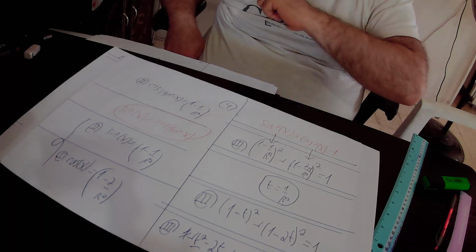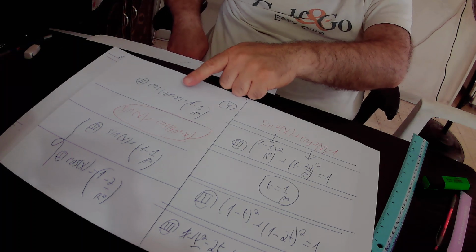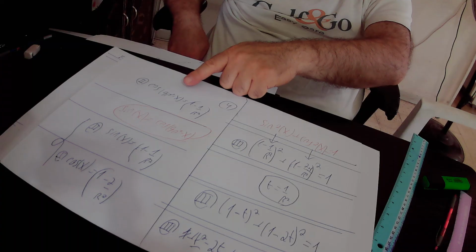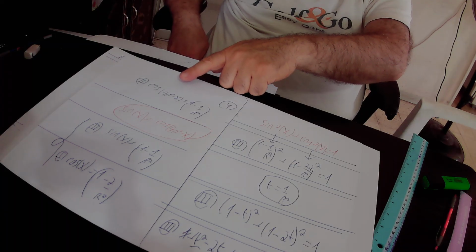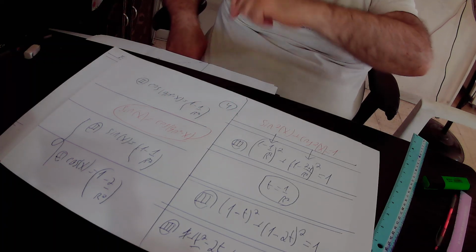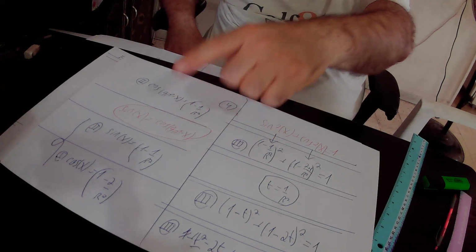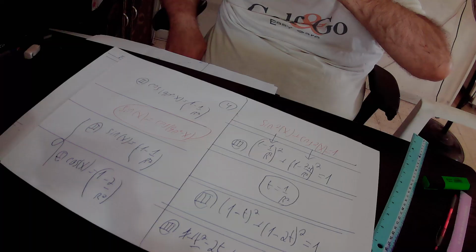According to this identity, we can replace the cosine of 90 degrees minus x in equation 2 by sine x. So sine x equals 1 minus 1 over r squared.